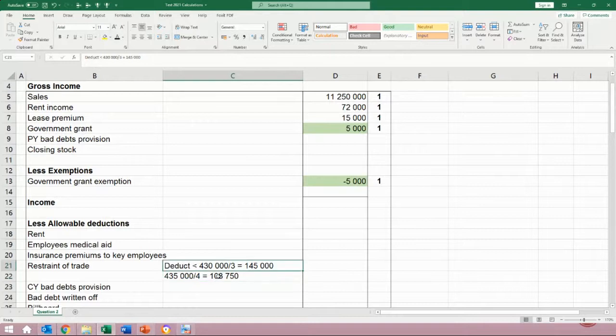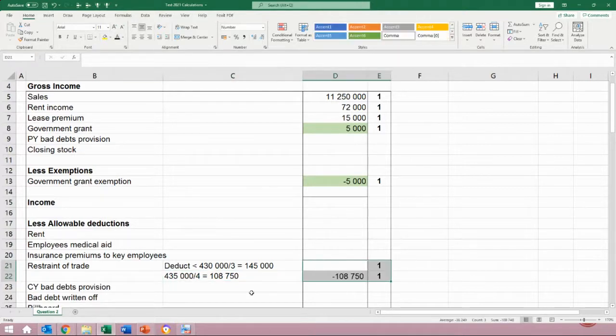So you could have shown the calculations like this, or alternatively, if you wrote down it would be the longer of the two periods of 3 years or the actual contract dates of 4 years, and then only gave me the amount, I would have provided you with the marks as well.